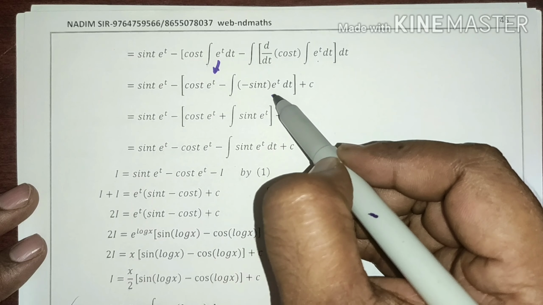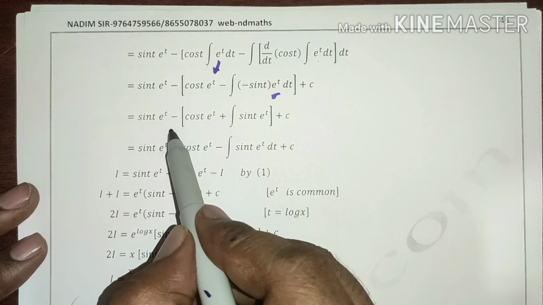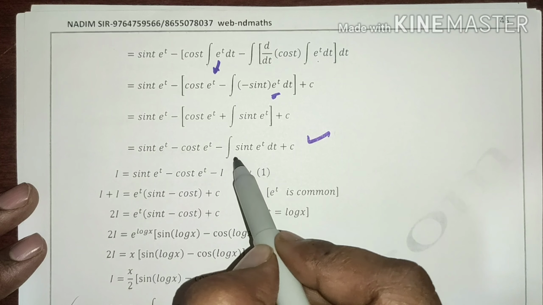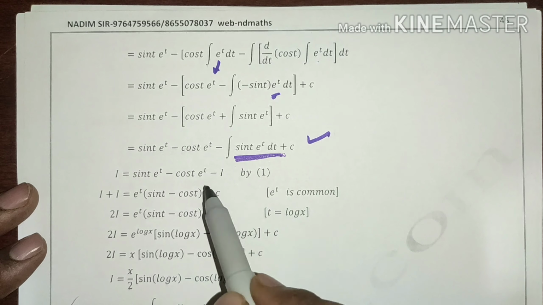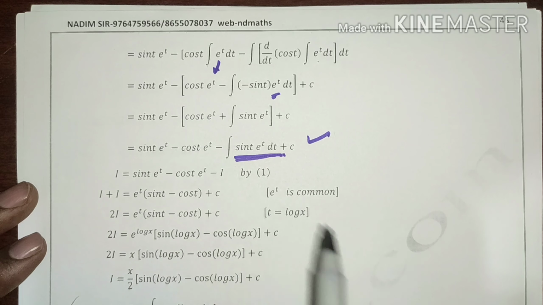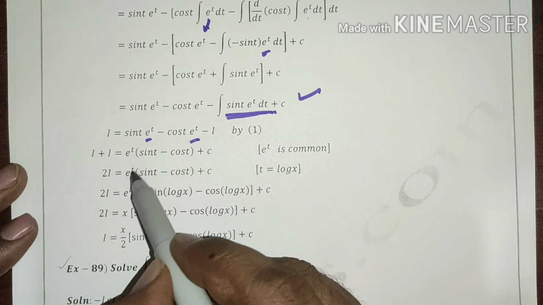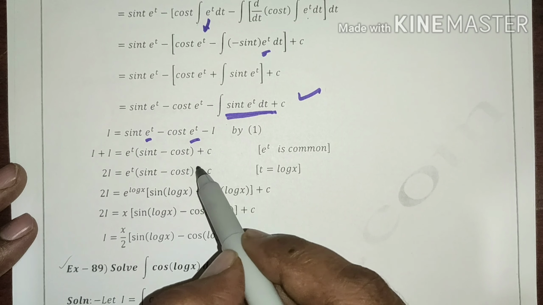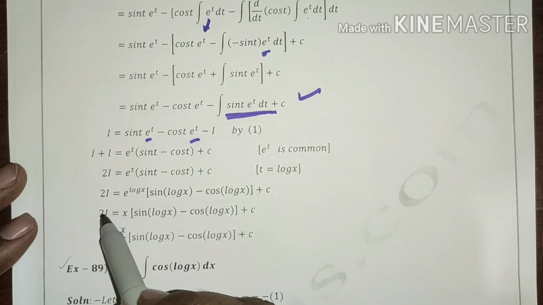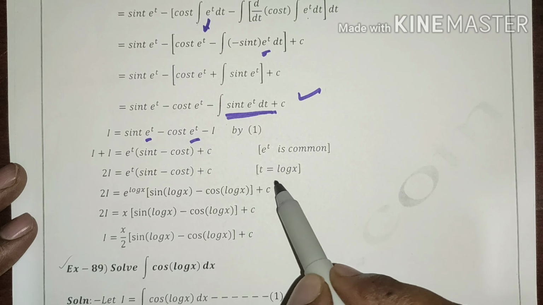This minus becomes plus. So this is our I, with a minus I. When we take minus I to the other side, it becomes plus I. The e raised to t is common in both terms, so we get e raised to t times sin t minus cos t, plus c.